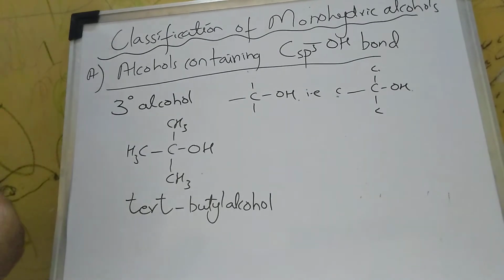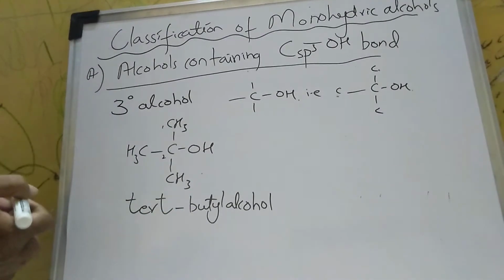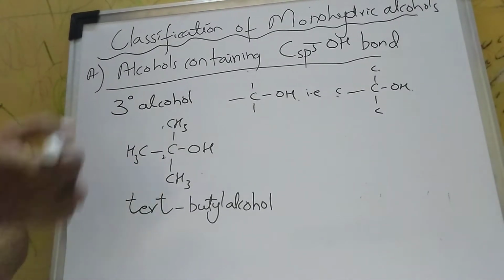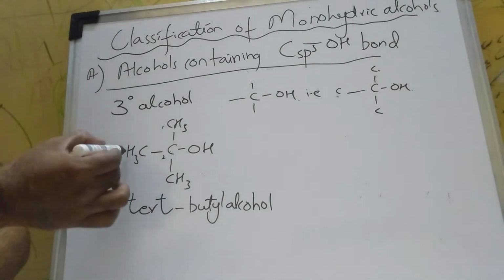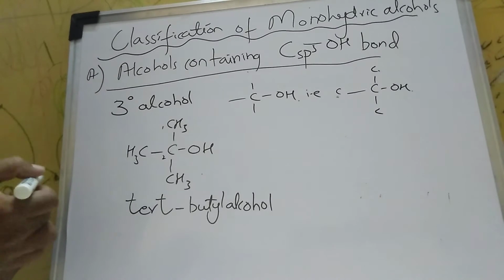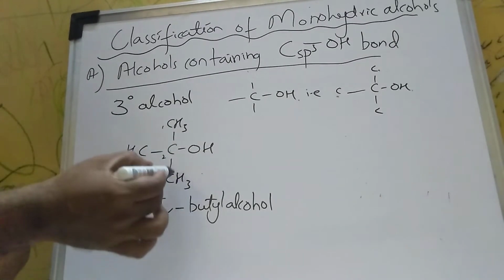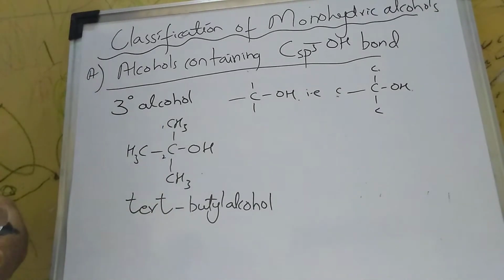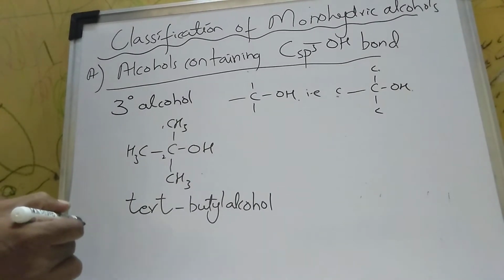Now the IUPAC name for this: if you count from the left-hand side, 1, 2, 3; if you count from down, 1, 2, 3. So the maximum carbon chain we get is of 3. 3 means propane, propan.